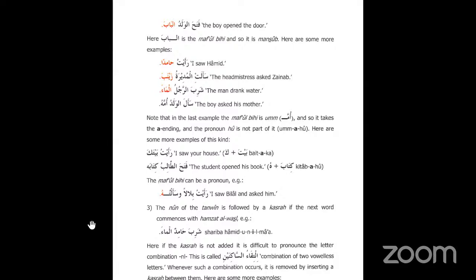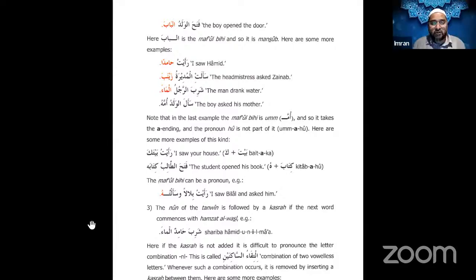I saw your house. Baita and then ka. Fataha talibu kitabahu. The student opened his book.